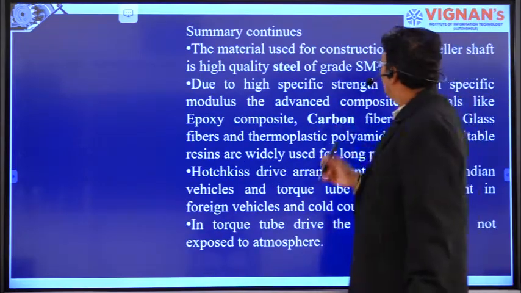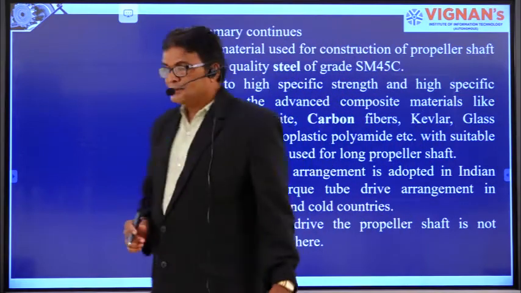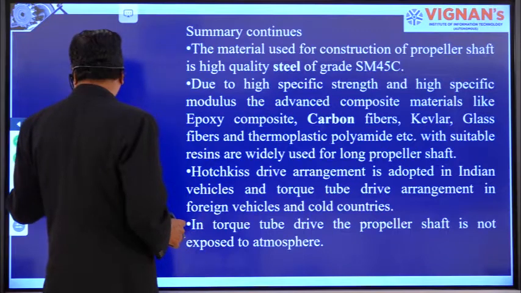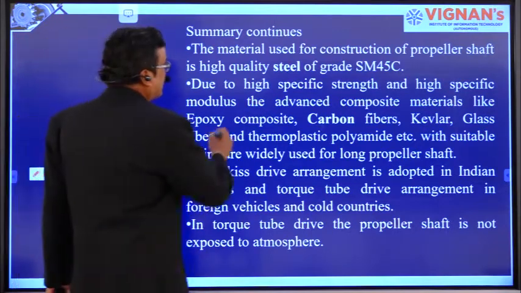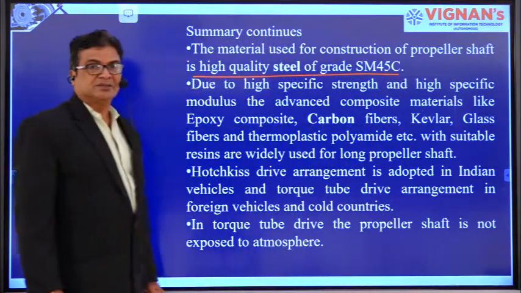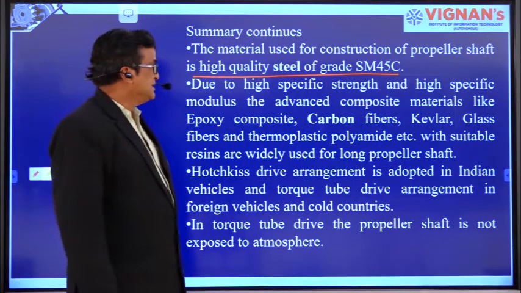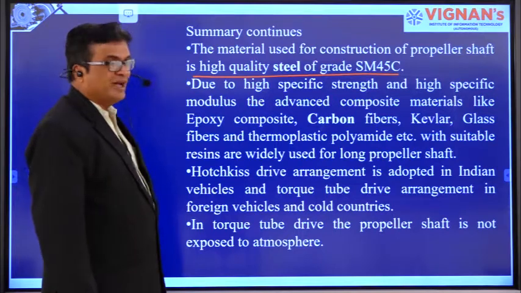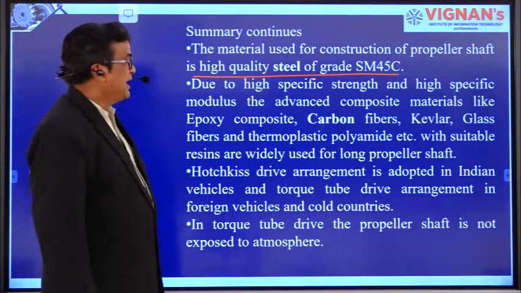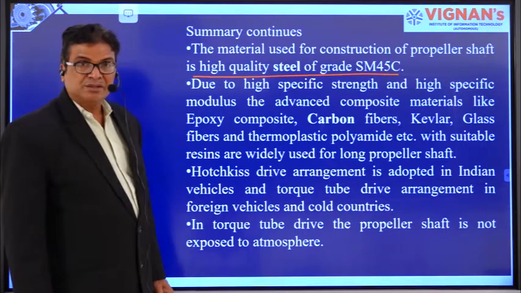The material used for the construction of the propeller shaft is high quality steel. SM45C, 45 carbon, is used for the manufacturing of propeller shaft, due to high specific strength and high specific modulus.